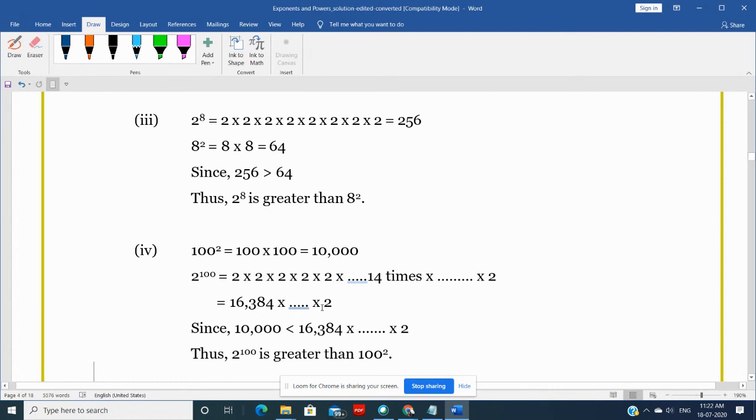So naturally, by just multiplying 2 fourteen times, if you are getting an answer which is more than 10,000, then naturally this one, that is 2 raised to 100, is bigger than 100 square. All right, so this is how we can solve these two sums.